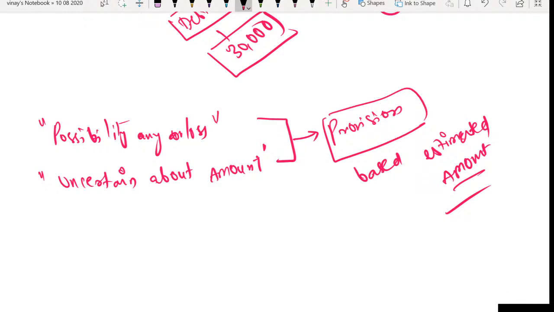When there is a possibility of any liability or any loss and you are uncertain about the amount you are going to incur, then you will create what? A provision.